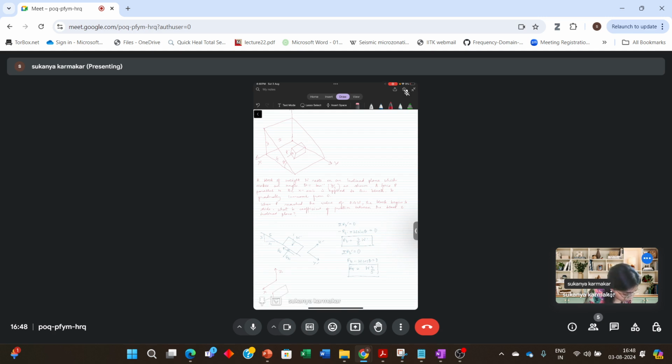Here you are applying a force P, and here the friction is Fx. By equilibrium in this direction, Fx is equal to P.